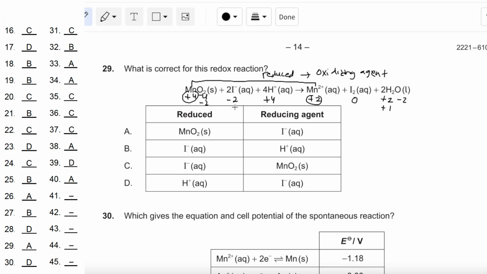If you see I minus and then I2 here, it's oxidized, acting as the reducing agent. So reduced means oxidizing agent, and oxidized means reducing agent, vice versa. Which one is reduced? Mn is reduced, which is A.